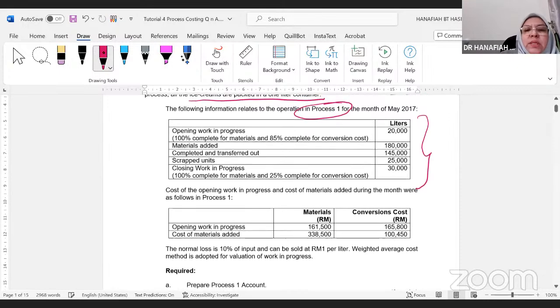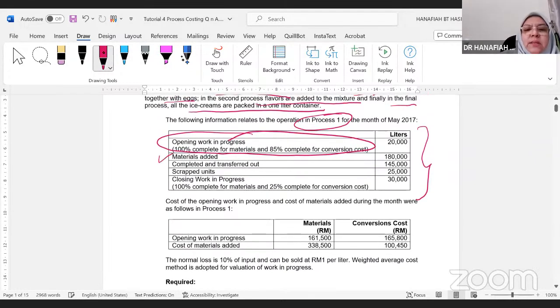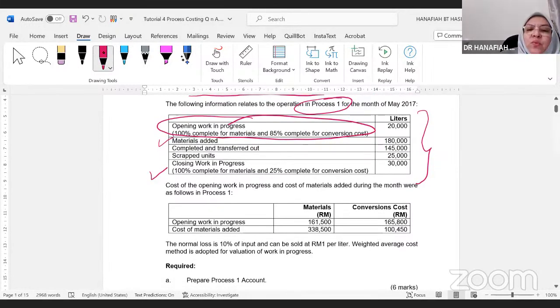And you can look here. I have the work in progress and the material added, and the scrap units, the completed transfer out, the closing work in progress, where you can see 100% for complete material, 25% for conversion cost, which is actually for overhead and labor.